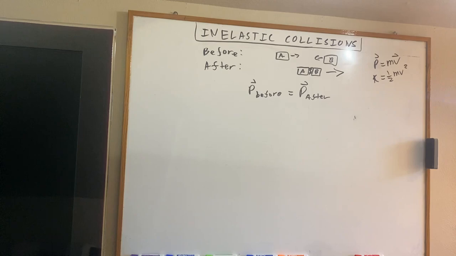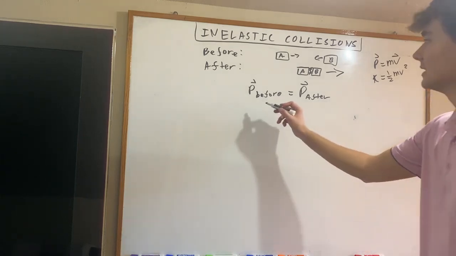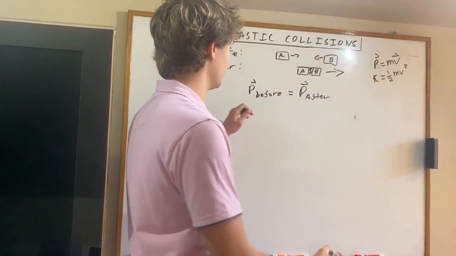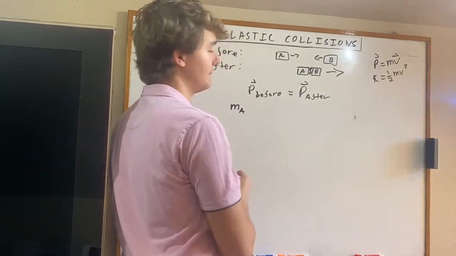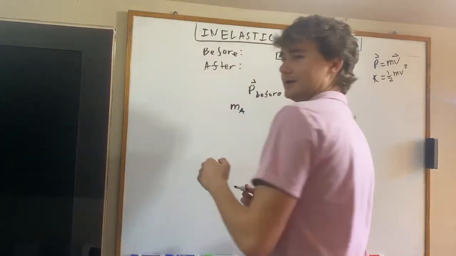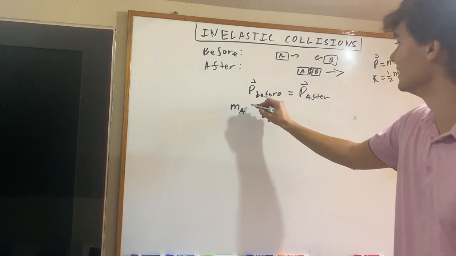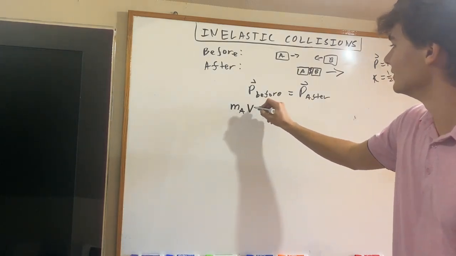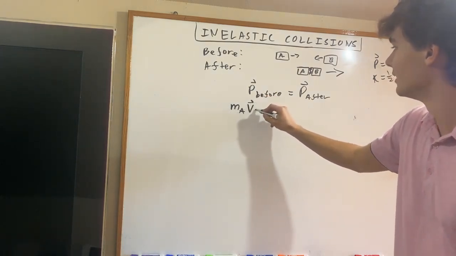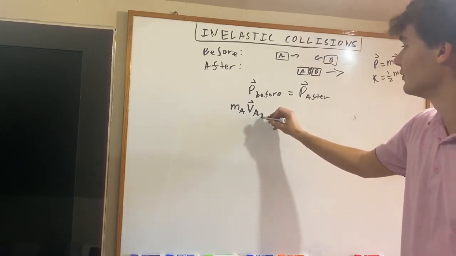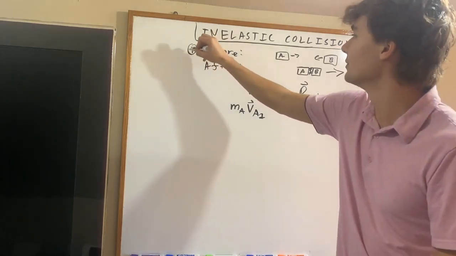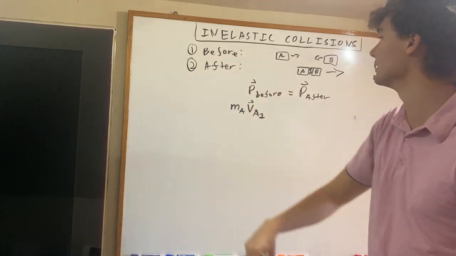So now we can expand this. Before, we're going to do the mass of A. Make sure you can see this. The mass of A times vA1. When I say 1, I'm just talking about before, and when I say 2, I'm talking about after.